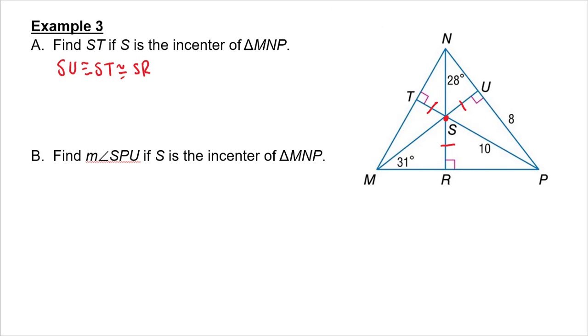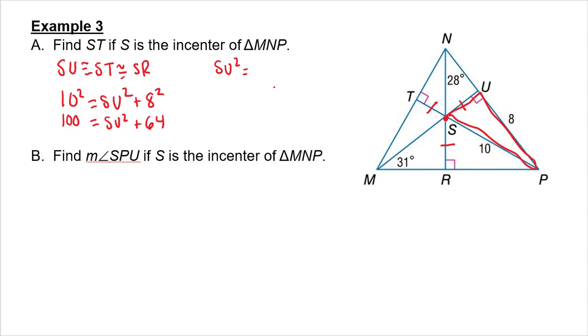Okay, let's use this triangle here. We know that that's a right triangle. And hopefully you remember your Pythagorean theorem. 10 squared equals SU squared plus 8 squared. So I have 100 equals SU squared plus 64.